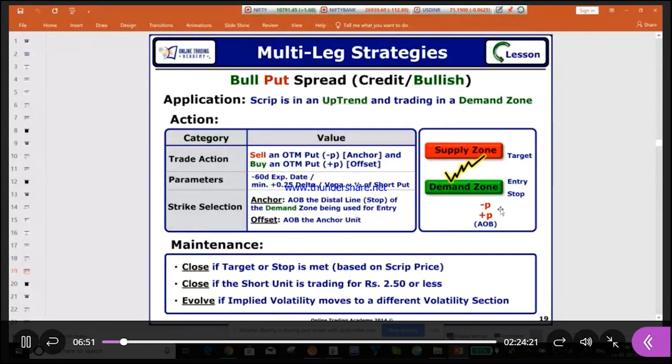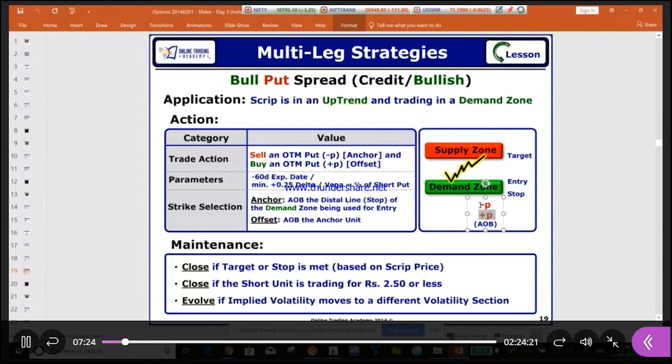You have to select the offset strike in such a way that you get a minimum of 0.25 delta for the net position, and the Vega of the bull put spread, the Vega of this strategy, is half of the Vega of the short put. So this combined will have some Vega, right?